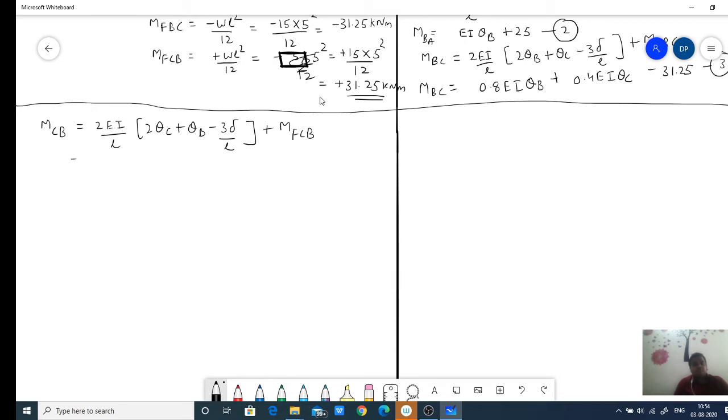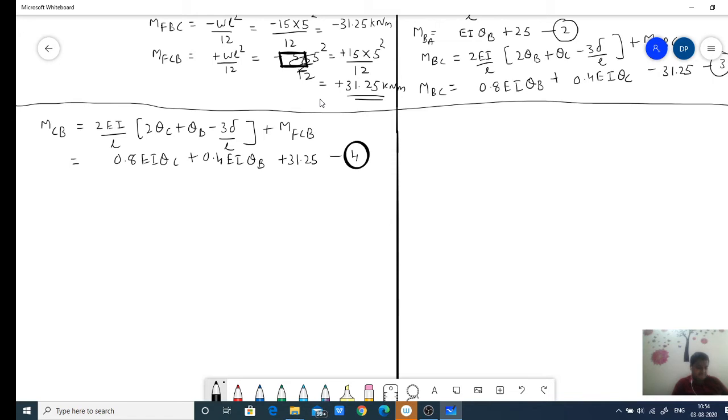Once you substitute the values and solve it, MCB will be 0.8 EI theta C plus 0.4 EI theta B plus 31.25. Say this is equation number 4.